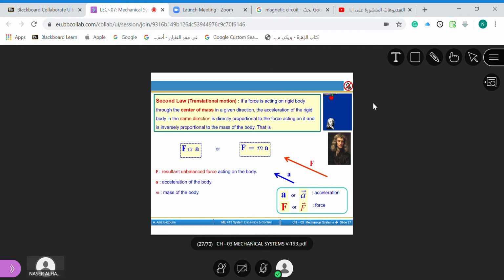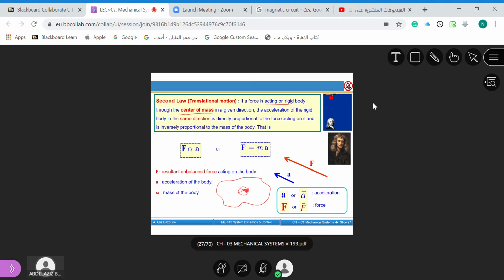So the second law says that if a force is acting on a rigid body through the center of mass, it is given a direction. Why are we asking for the center of mass? Why basically the center of mass? If we have forces like this, we are emphasizing that they should pass through the center of mass.